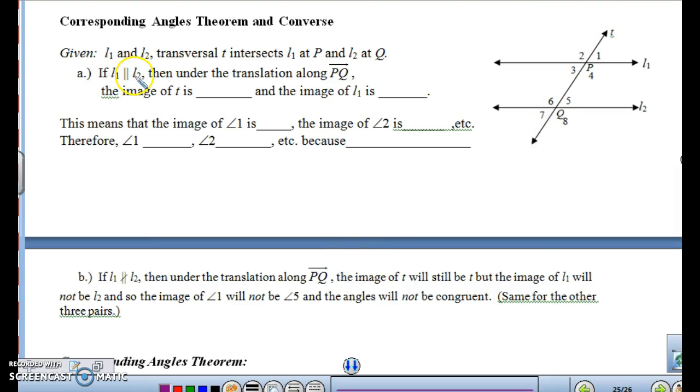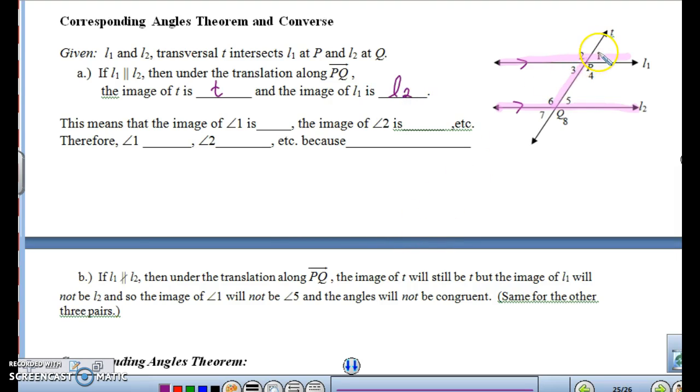If L1 is parallel to L2, and we translate under the vector from P to Q, so I take L1 and slide it down to end up at Q along this vector, isn't this going to coincide perfectly? So the image of T is still T, and the image of L1 will end up being L2. The lines are going to coincide.